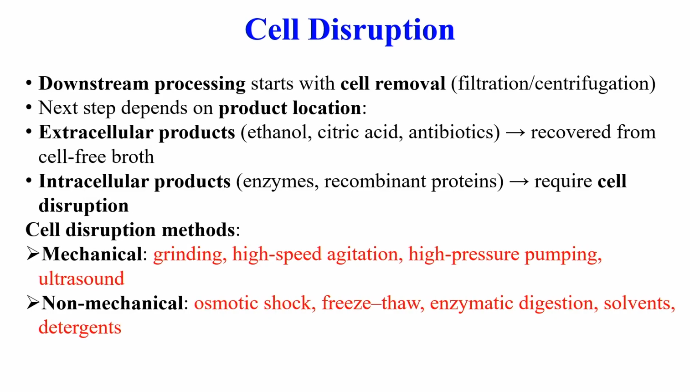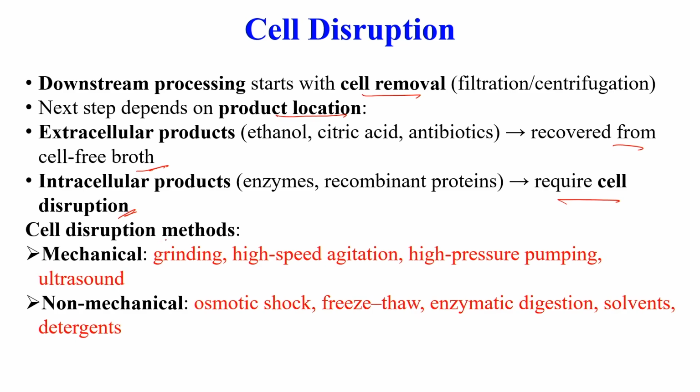So now we can summarize the downstream processing. It starts with cell separation or cell removal, and the next step depends on the location of the product. If it is an extracellular product, it is recovered from the cell free broth, but if it is an intracellular product, then it requires cell disruption.